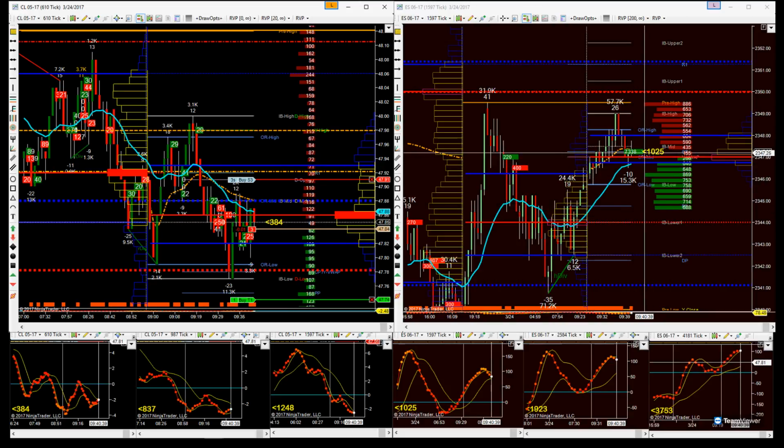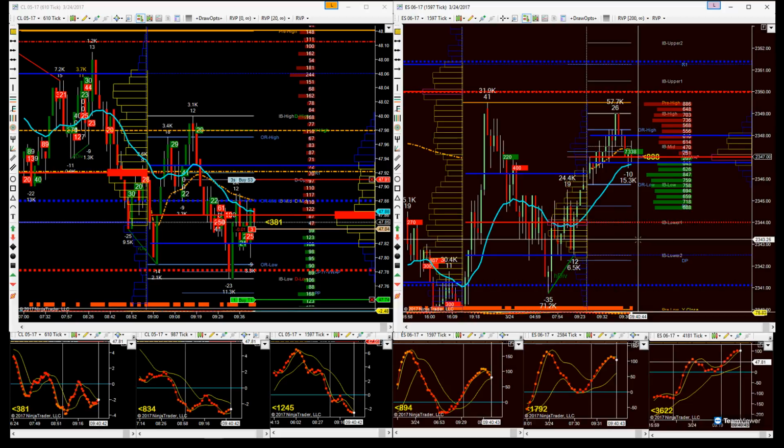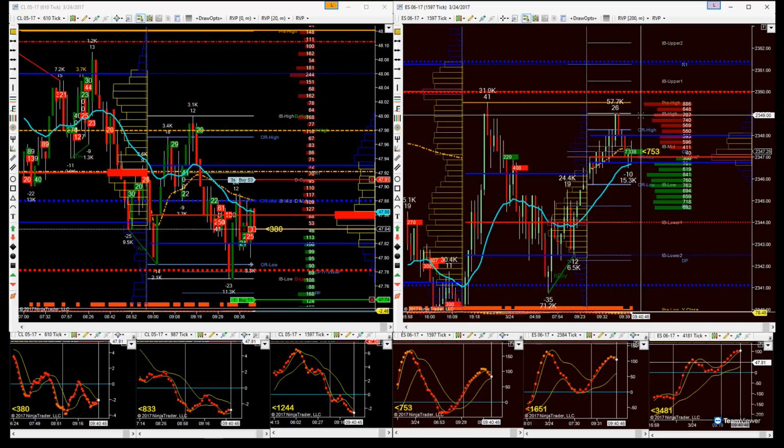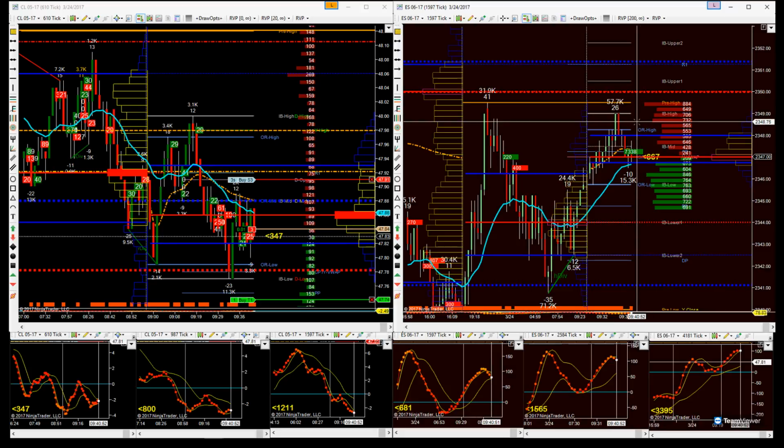Another big buy came in here on the S&P right there. Seeing turn down in the 1597 and the 2584.